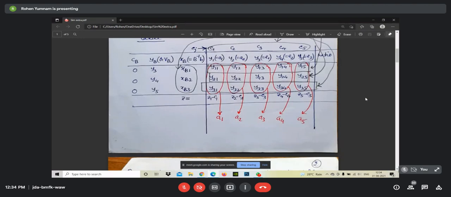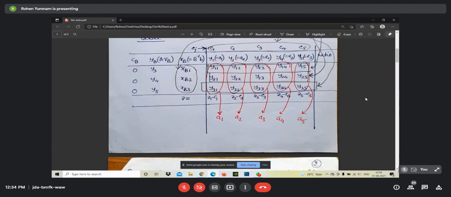That means this multiplied with this, with this, with this. That value will be your Z value. It is above Z.